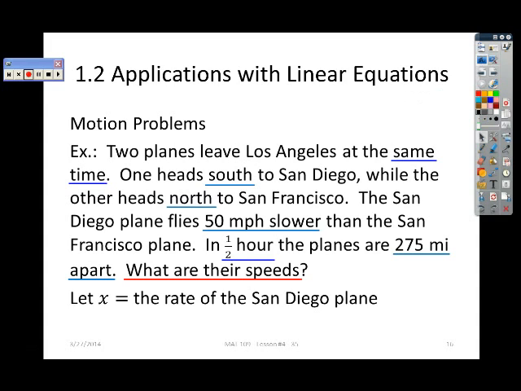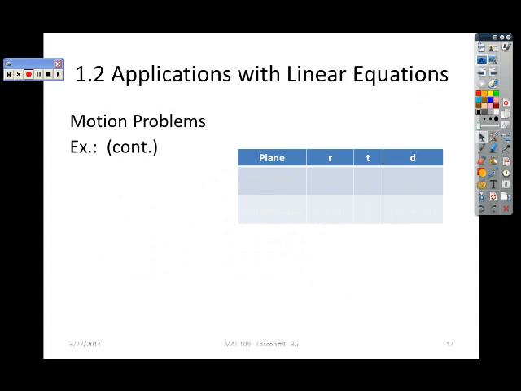Well, 4 columns. Name here. I'm going to identify by which direction the plane's going, or which city the plane's going to. One of them's going to San Diego, one of them's going to San Francisco. Those are my 2 planes. And what do I know about these? I don't know distances. Then what do I know?